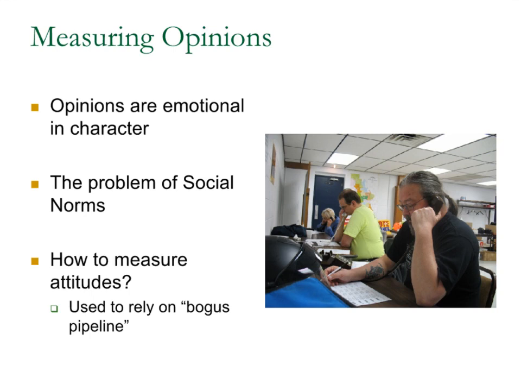The social scientists who early tried to measure public opinion had one solution to the problem of social norms, which was to rely on what was called the bogus pipeline. What that meant is they tried to convince the survey respondent that they had a pipeline into their mind.